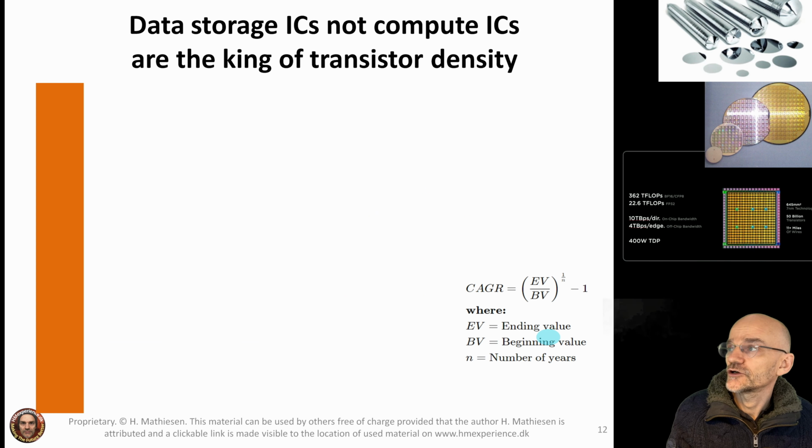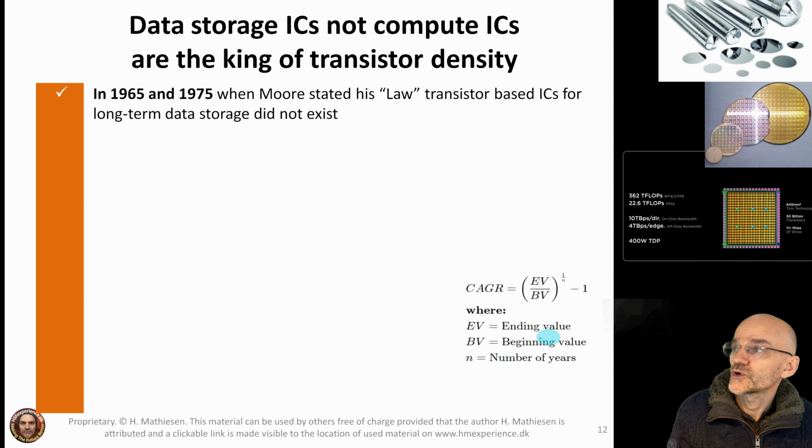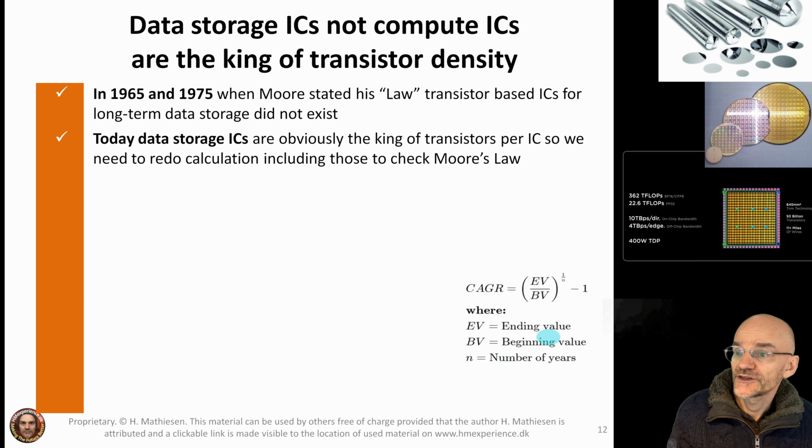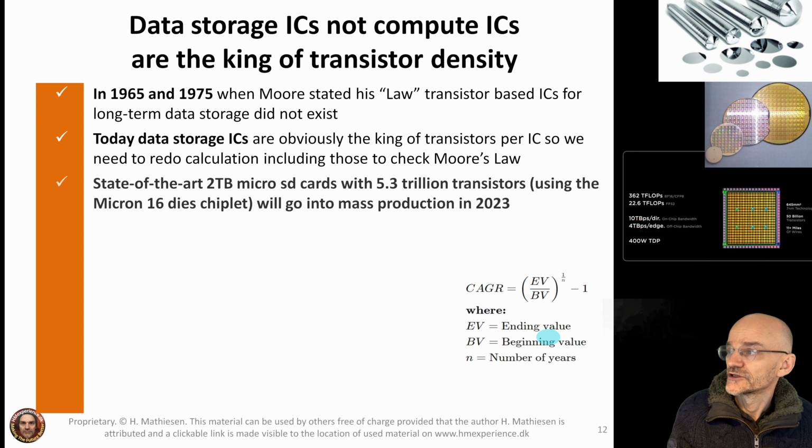So the king of transistor density is data storing ICs. It's not the compute ICs, obviously. But when Moore stated his Moore's law back in 1965 and 75, these data storing ICs didn't exist. But today they exist, and that's why we need to recalculate Moore's law using these data storing ICs as the endpoint in our calculation.